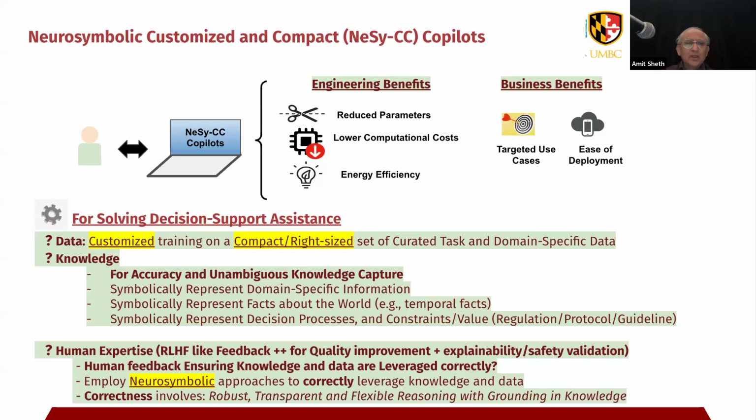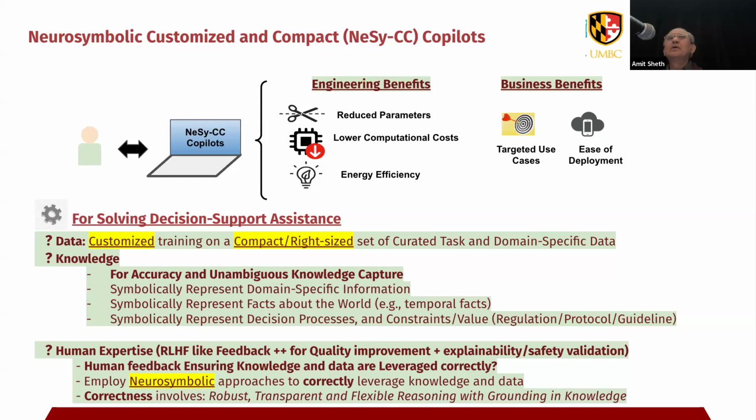So we advocate the use of knowledge for accuracy and unambiguous knowledge capture, capturing domain-specific information. There's a widely used term, world model, a symbolic representation of the facts about the world, and a symbolic representation of decision processes and constraints or values.